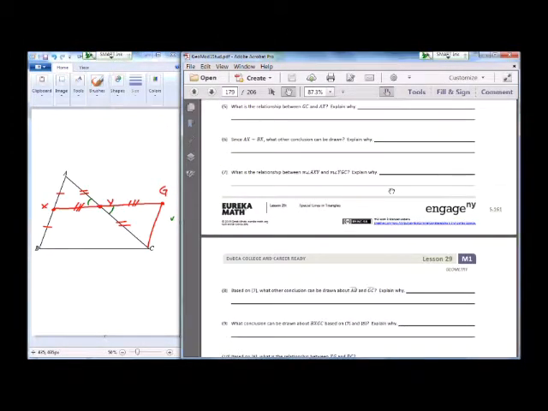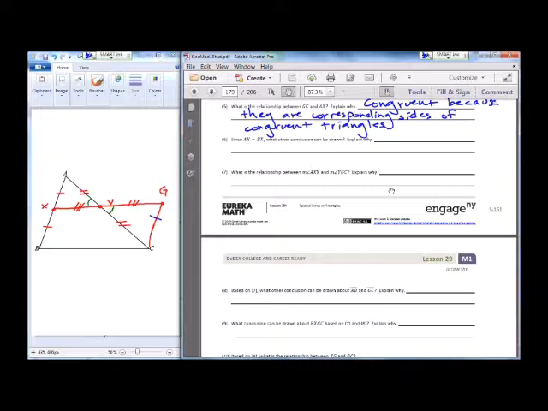Now I'm going to scroll up. Number five, what is the relationship between GC and AX? Well, GC is right here, and AX is right here, and those are corresponding sides of the triangles that I just proved to be congruent. So they are congruent because corresponding sides of congruent triangles are congruent. Number six, since AX equals BX, what other conclusion can be drawn?